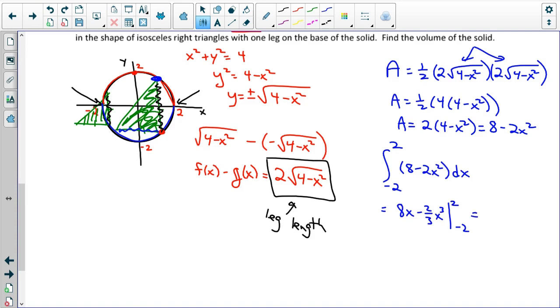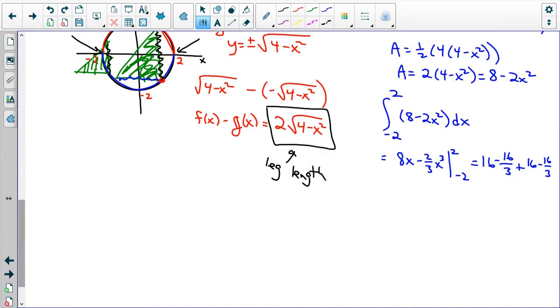I could do this pretty simply. So that's 16 minus 16/3 minus -16, which is plus 16, minus another 16/3, because it's basically 3 negatives going on in there. So I end up with 64/3 as my final answer.